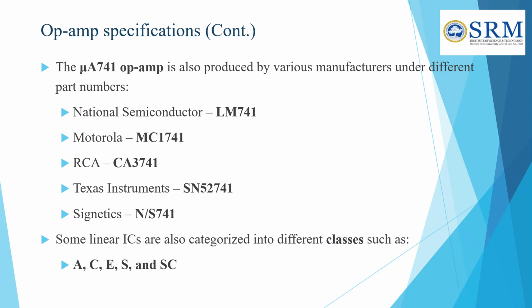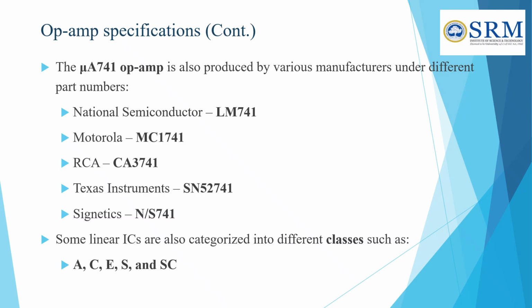The 741 op-amp is so popular that it is manufactured by many companies under different names. For example, LM741 from National Semiconductor, MC741 from Motorola, SN52741 from Texas Instruments, etc. Even though the names differ, they all perform the same basic function.